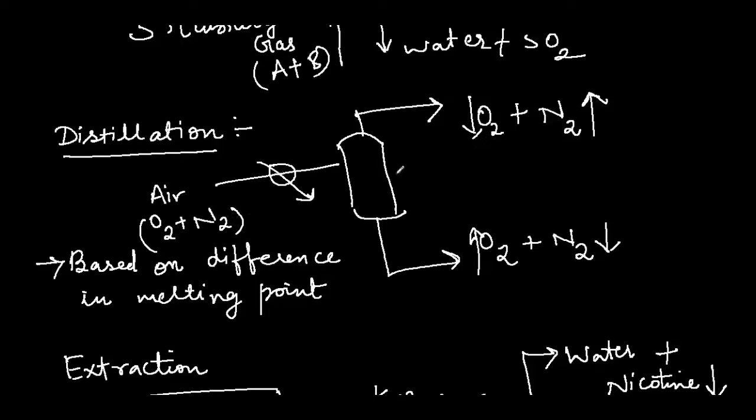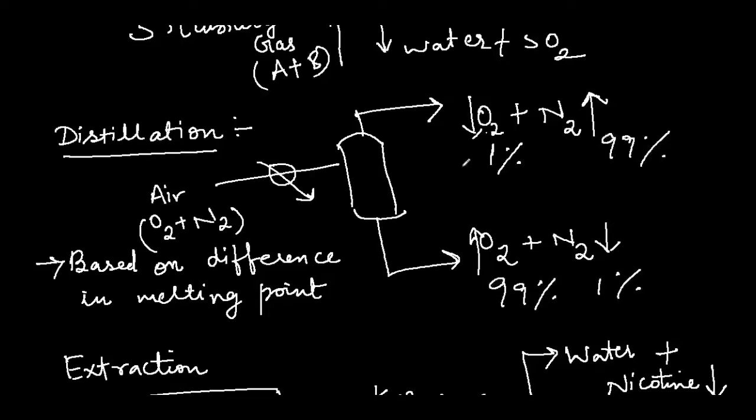We heat the mixture, because oxygen and nitrogen have different boiling points, and we utilize this difference to separate them. In the top product you will get oxygen, suppose 1%, and nitrogen 99%, and at the bottom nitrogen is 1% and oxygen is 99%.